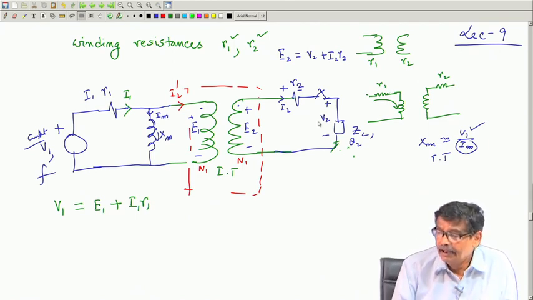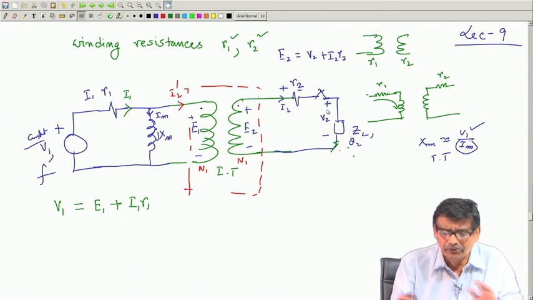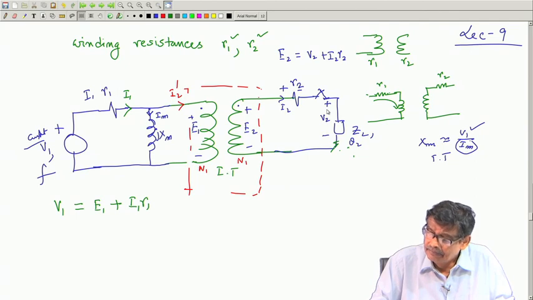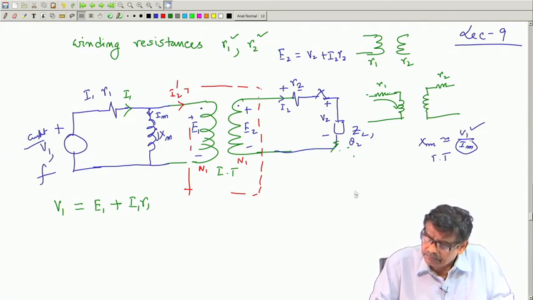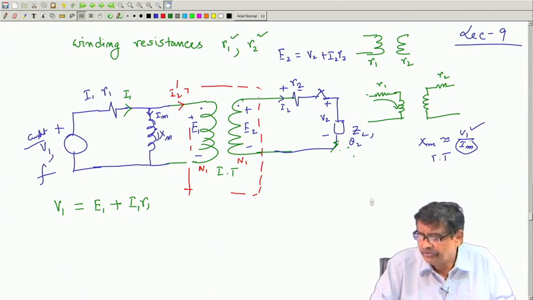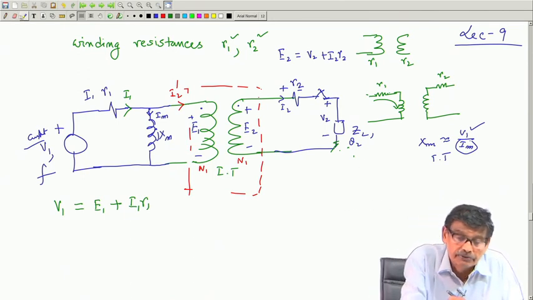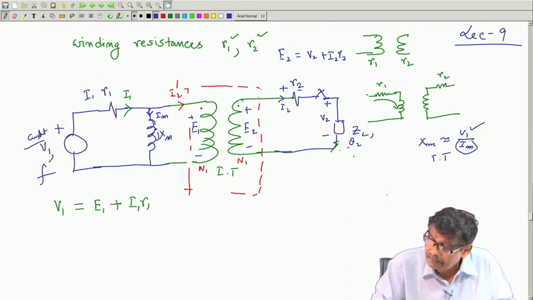What I am telling, okay, you have closed this switch, this circuit is operating, choose V 2, you start with V 2, okay. Voltage applied across the load is V 2.